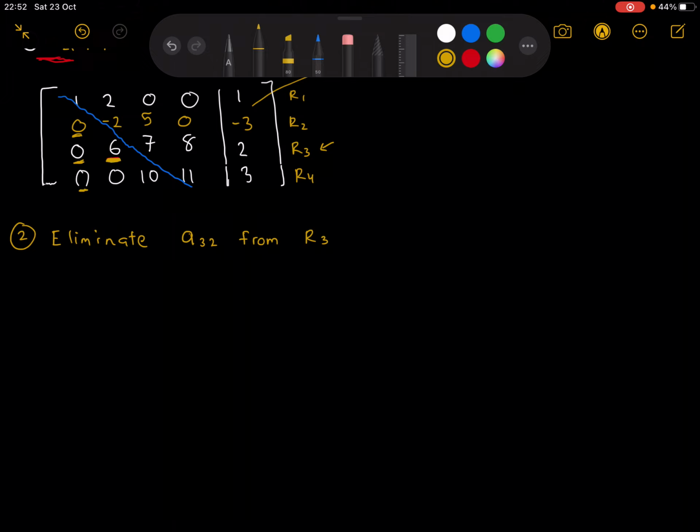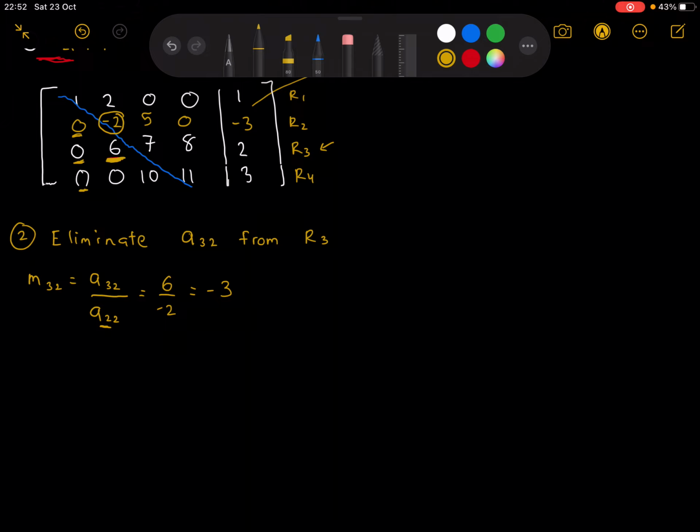So we're going to divide the value of 6 here by its diagonal. The value of the diagonal is negative 2. So M32 is equal to A32 divided by A22. 22 is the diagonal here. So 6 divided by negative 2 is equal to negative 3.